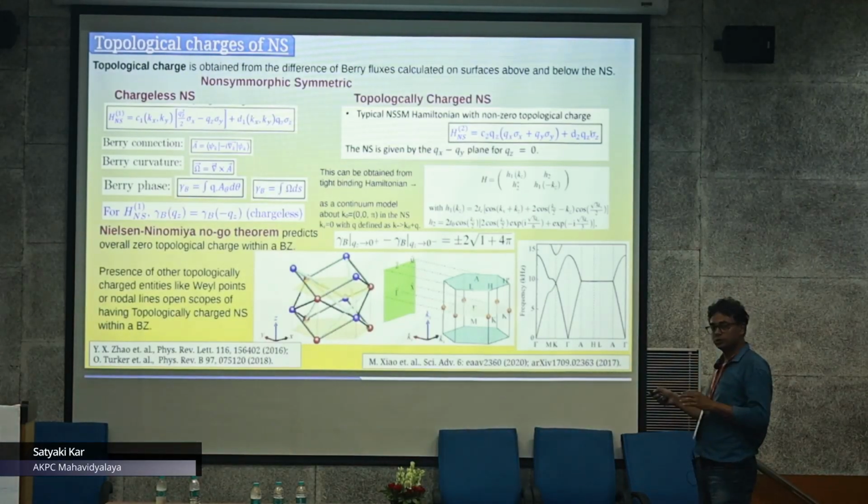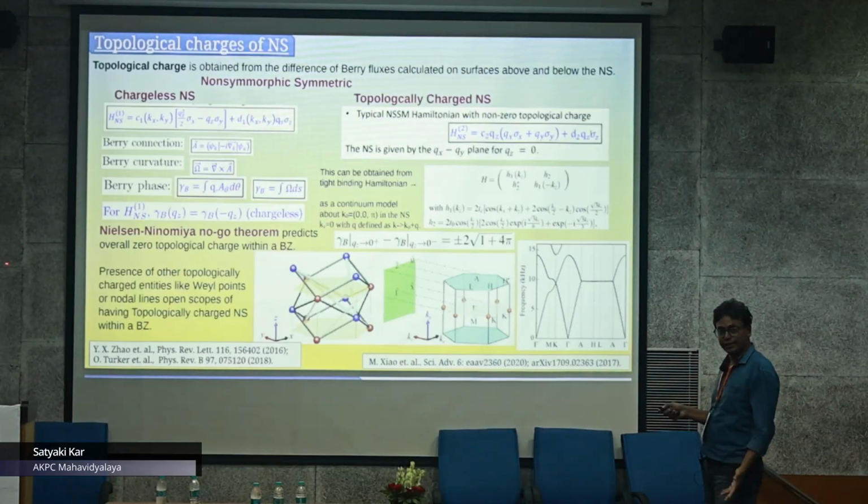The difference is non-zero, so that gives me some non-zero topological invariant or topological phase basically. And because of this no-go theorem, we always have to remember that we need some other topological entities to make the overall charge 0.